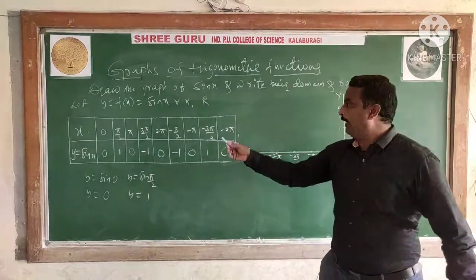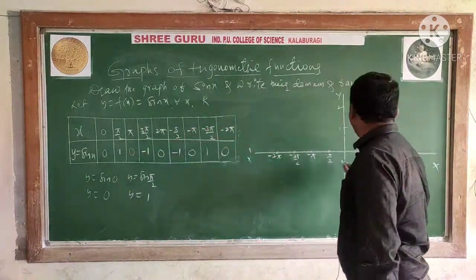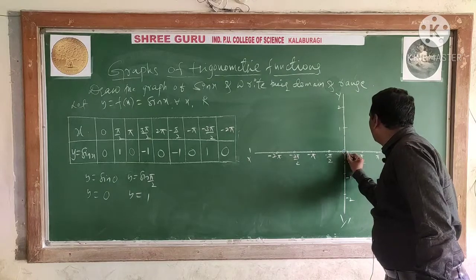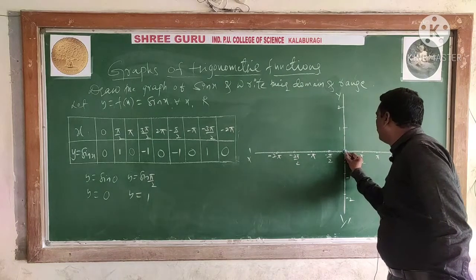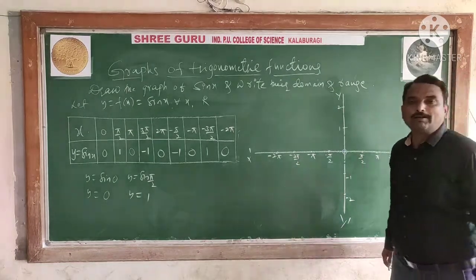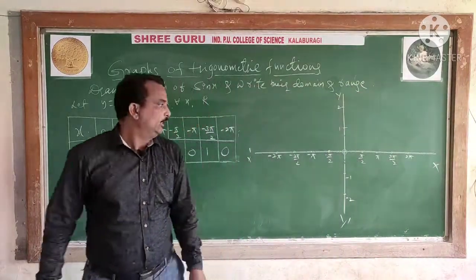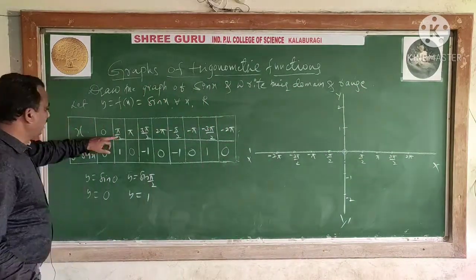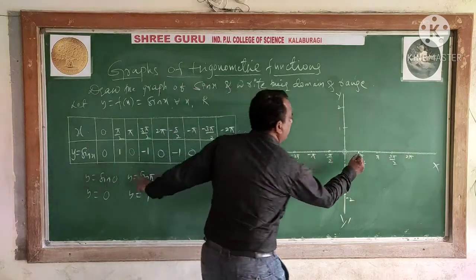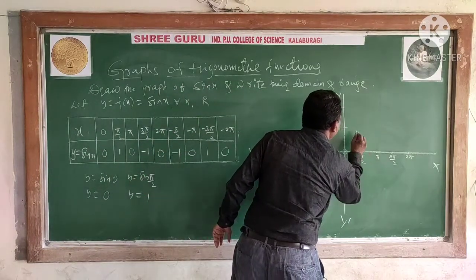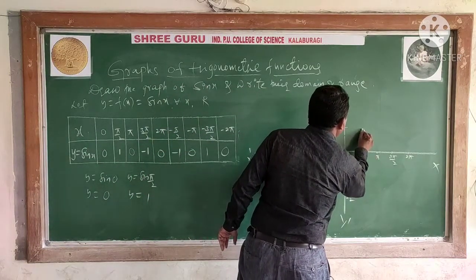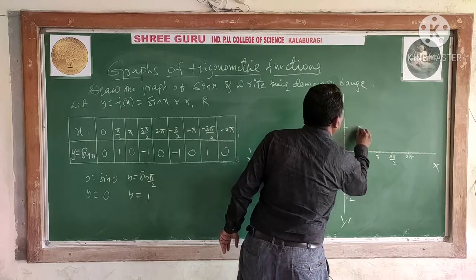Now see, when x is 0, what is the y value here, student? 0 it is. It passes through the origin. The graph passes through the origin, student. Next, when x is pi by 2, what is y? Y is 1 it is. When x is pi by 2, y is 1.